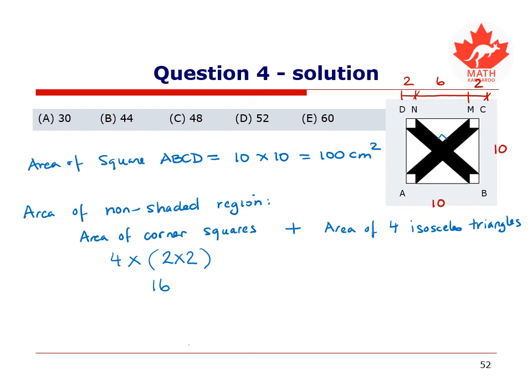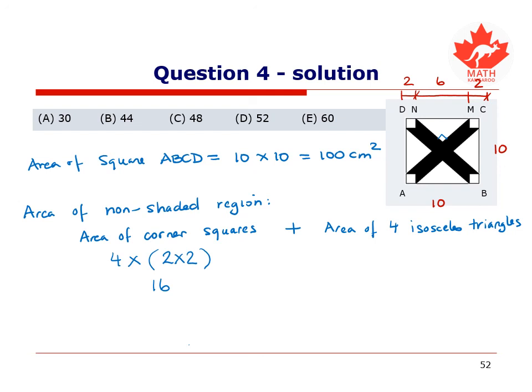To calculate the area of a triangle, the formula is 1/2 times the base times the height. Now we don't know the base or the height of these triangles, unless we take the base to be 6, but in which case we don't know the height or the altitude of the triangle. But there is a little trick we can do here.